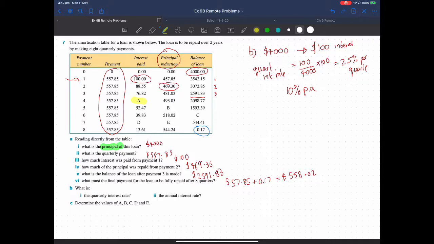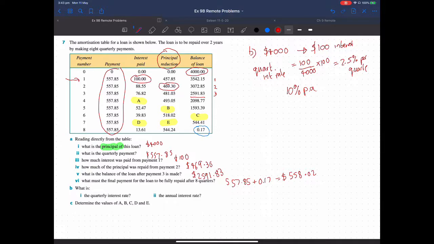A, B, C, D, and E. Now, what we need to do is look at what needs to be calculated as we go. So if we're looking at A, we have a number of ways of doing it.